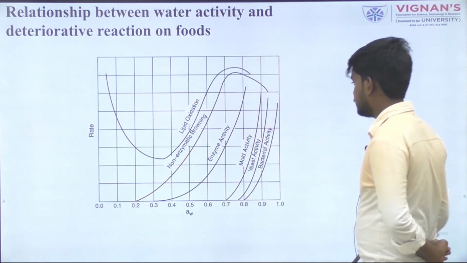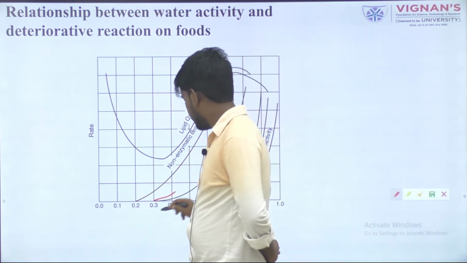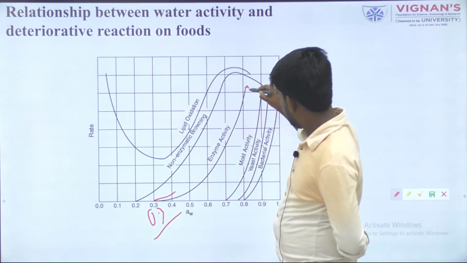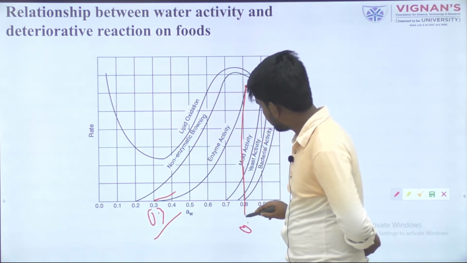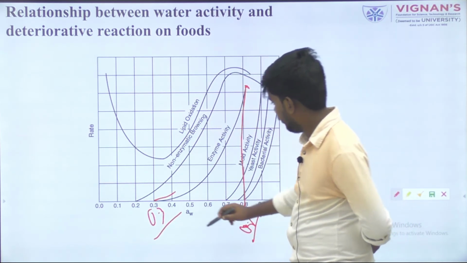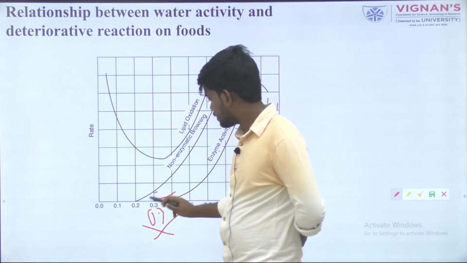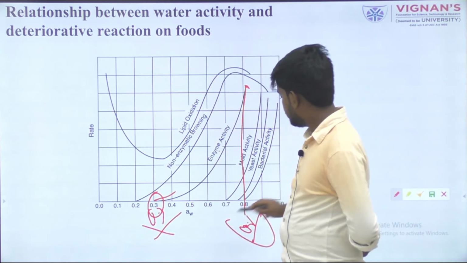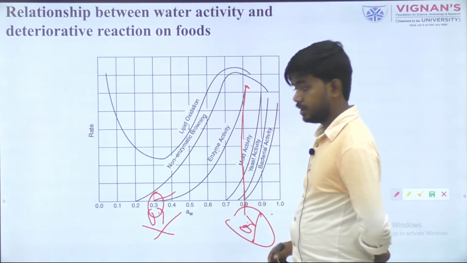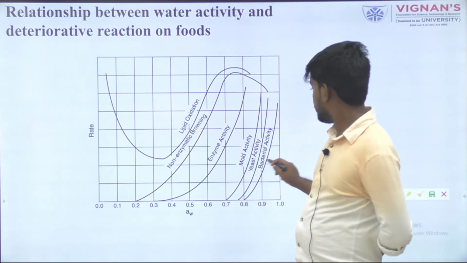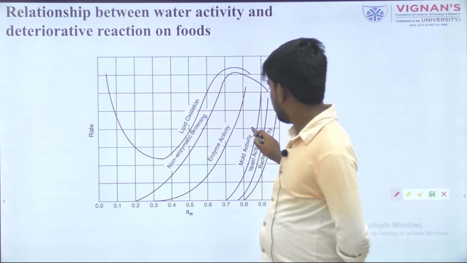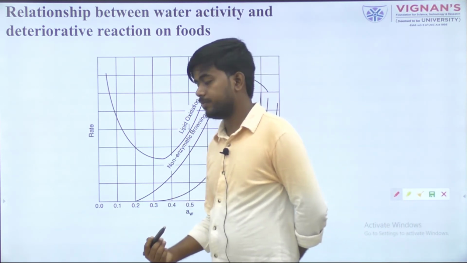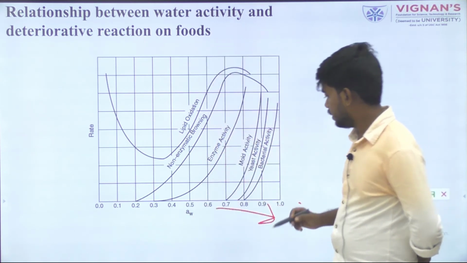And then the next one is enzyme activity. It starts near about 0.3 water activity, and it nearly ends at about 0.8. So remember this value. You should also know about mold, yeast or bacteria activity, where the deterioration process takes place if the water activity value is 0.7.